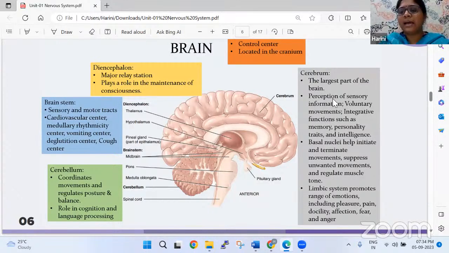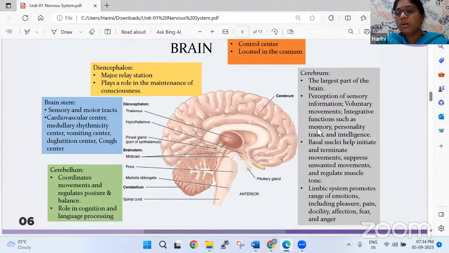Cerebrum, it is the largest part of the brain. It's involved in the majority of actions. To start with, it's involved in perception of sensory information and voluntary movements. You all know what is voluntary and involuntary, right? Voluntary is with your permission. Involuntary is without your permission. Next is integrative functions such as memory.